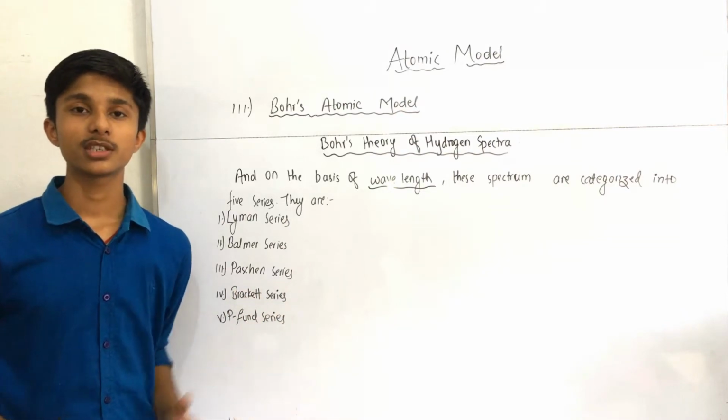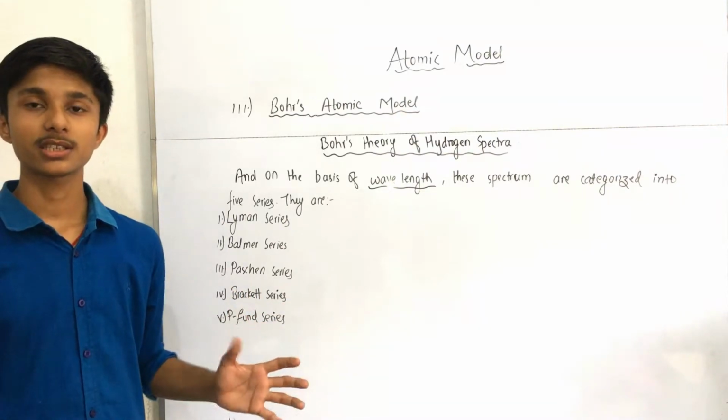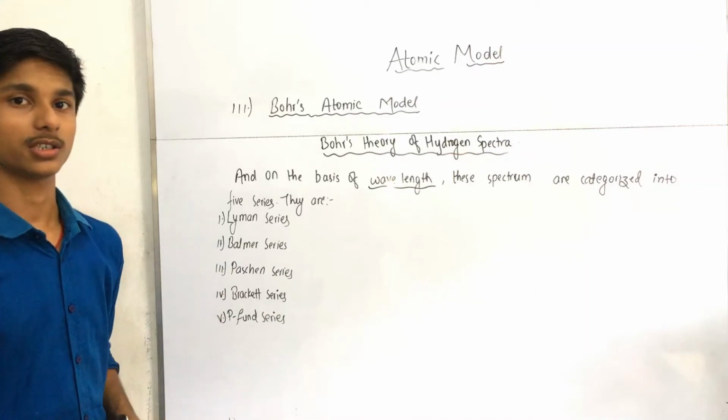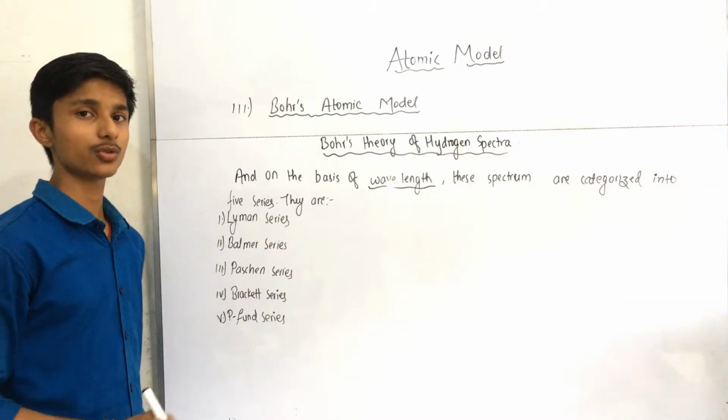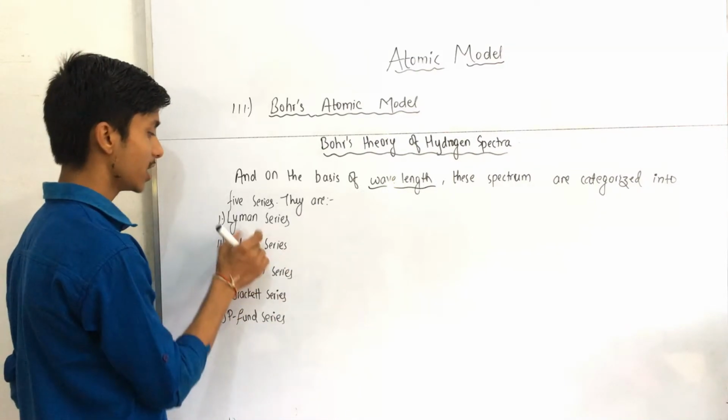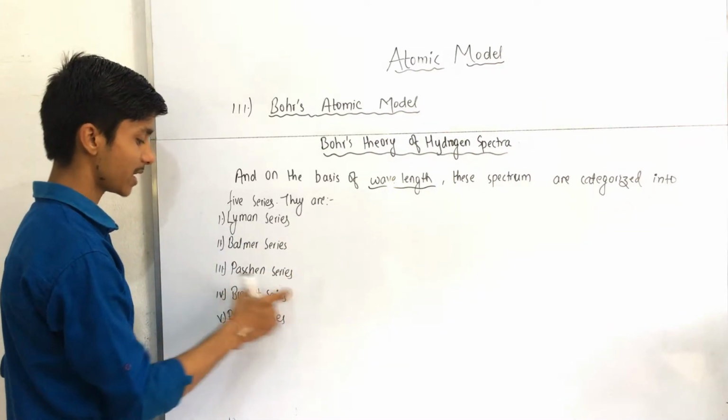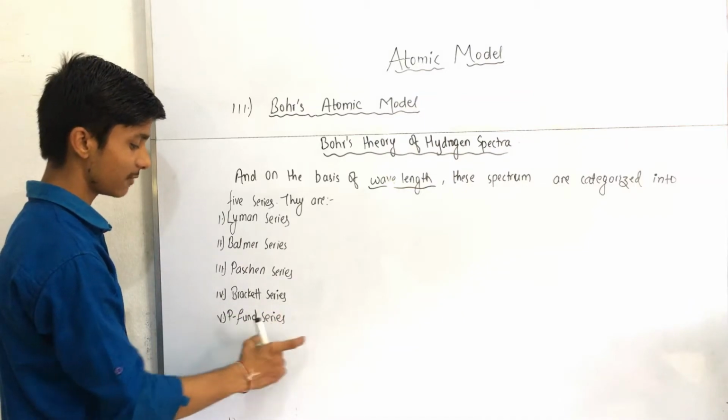They are the Lyman series, Balmer series, Paschen series, Brackett series, and Pfund series. I know these names are not familiar to you, but they will be familiar soon.